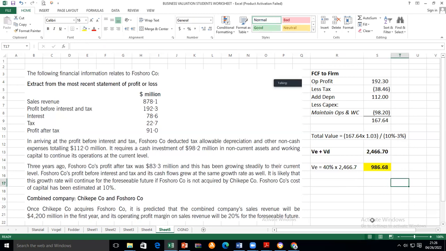Have we seen the value of equity, people? Yes. So the clue really to this question is that statement that we're supposed to use what? That was the clue to the question.